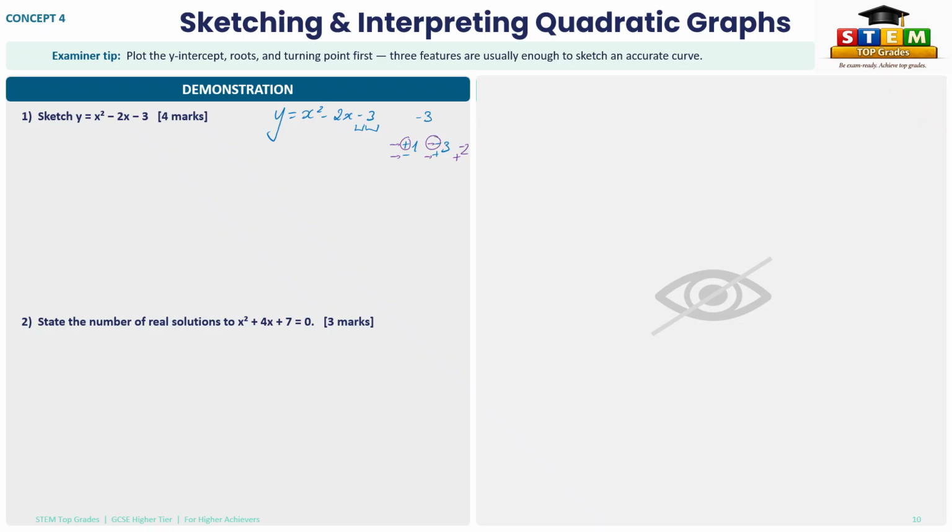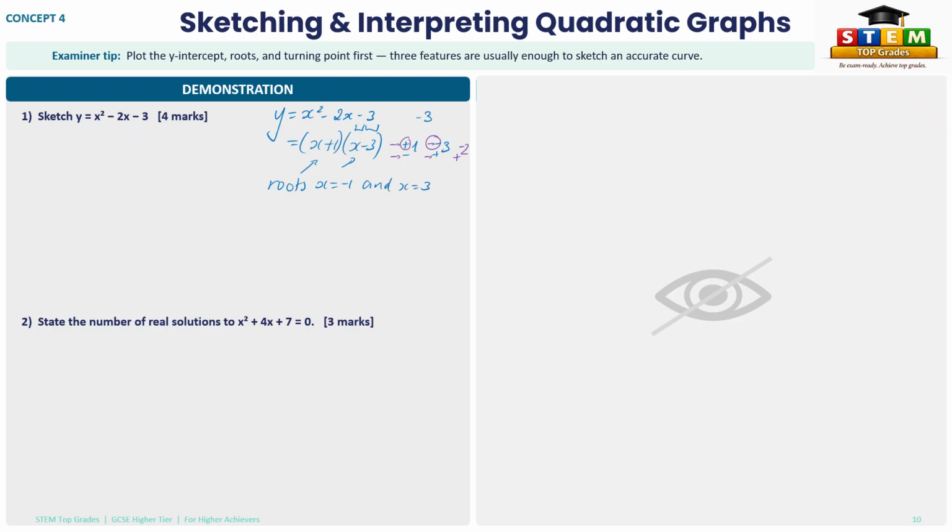Therefore, we're going to factorize the expression as x plus 1, x minus 3. That allows us to place the roots at x equals -1 and x equals 3.